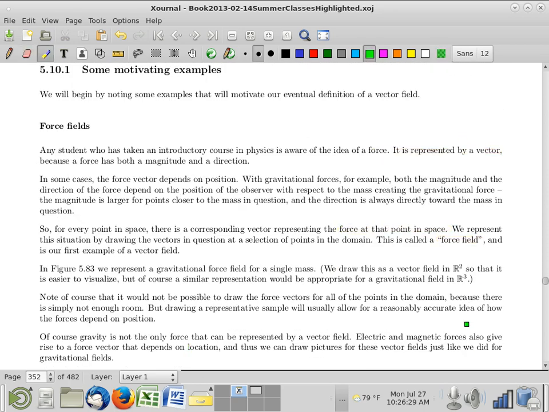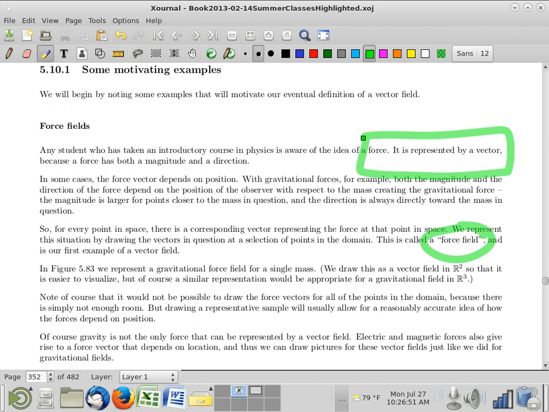So I want to talk about something called a force field. Recall that forces are represented by vectors. Right? This remote control is applying a force to my hand. That means two things. It means that there's a magnitude, namely the weight of this remote control, but there's also a direction.